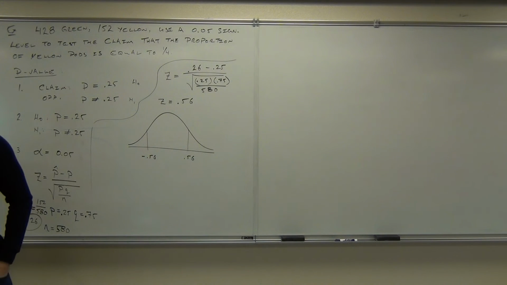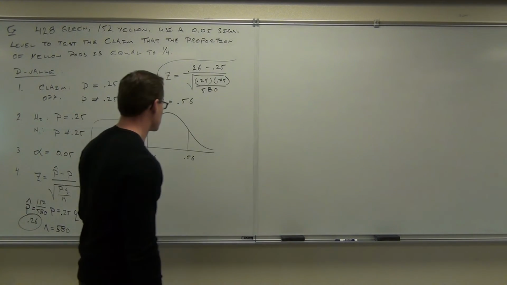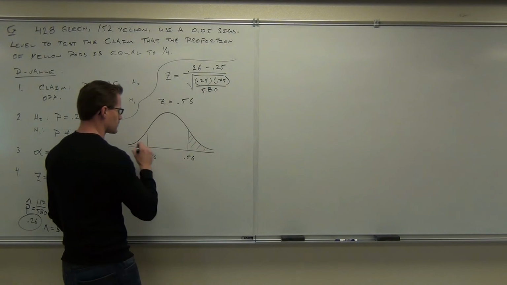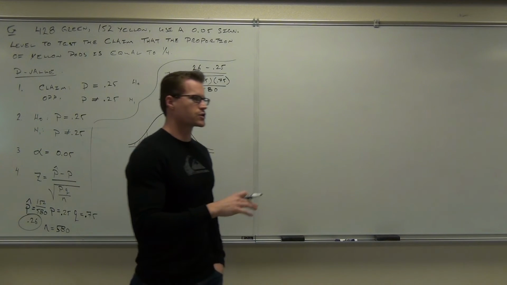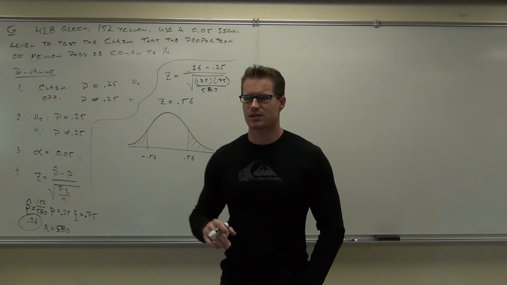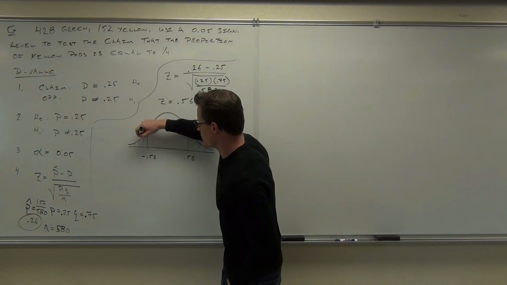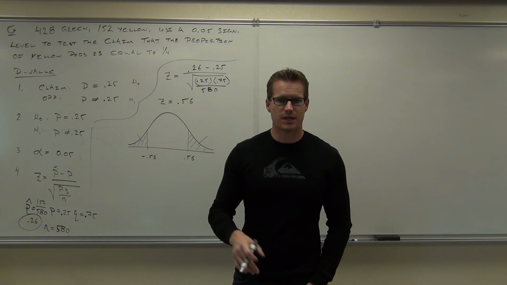You state it twice, one positive, one negative. Our p-value is the area associated with each of those test statistics. So we're going to have to add that area to that area, or that probability to that probability.